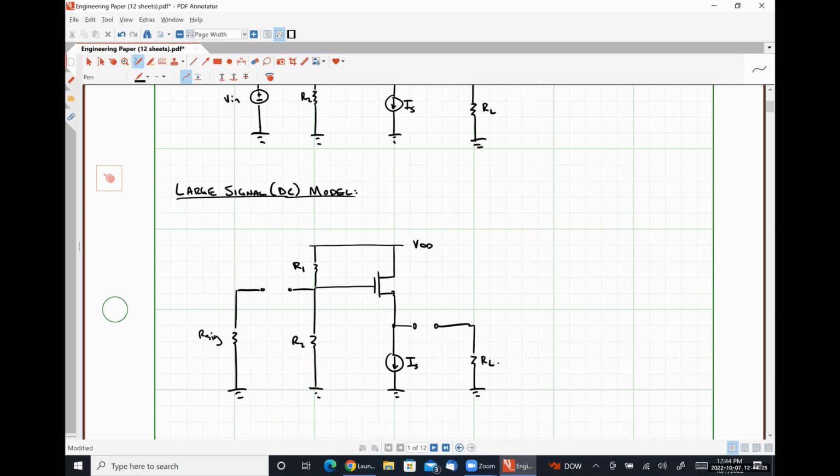All right, so what can we glean from this? Well, for starters, we can see that our drain current ID is exactly equal to the current that's being provided by our ideal source here, IS. Why is that important? Anybody have any thoughts?